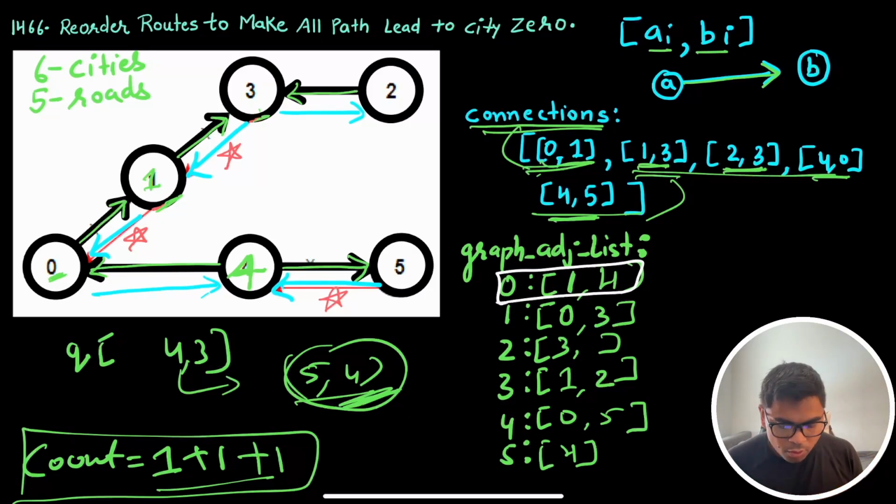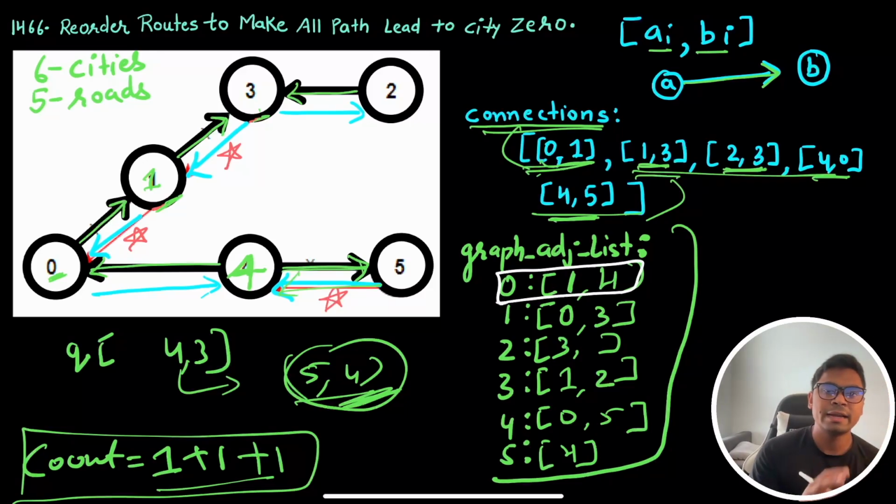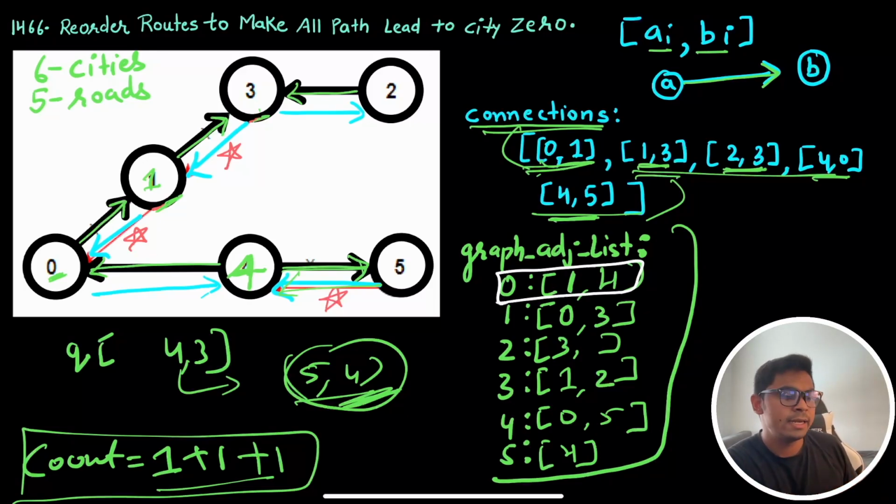If you want to just go over it again, let's simply go over it. We will create this adjacency list where we will have the connection created from each of these roads to the neighbors. So if there was a road from 4 to 5, we will create a road from 5 to 4 that will allow us to visit all the cities. Once that's done, that means we have added some new roads that made it possible for visiting all the cities to 0 or any other node.